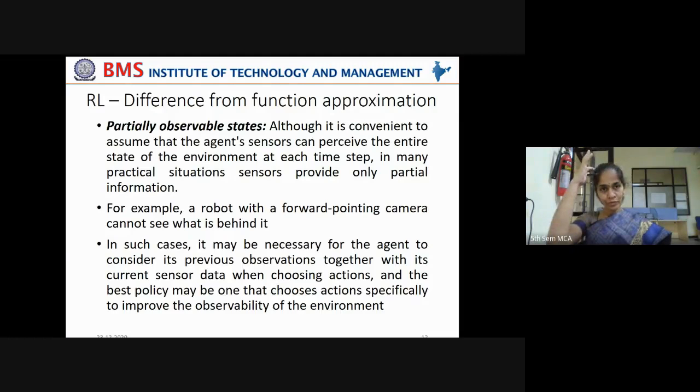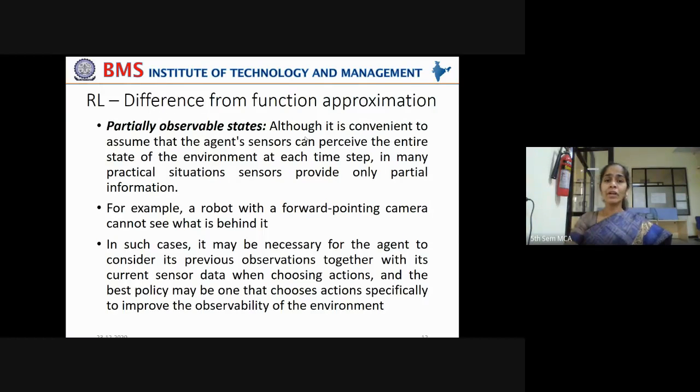Okay, so most of the time the observable states are partial, and in order to get a complete view of the environment, it may have to use its previous knowledge. Right? In such cases, we call it a partially observable state.